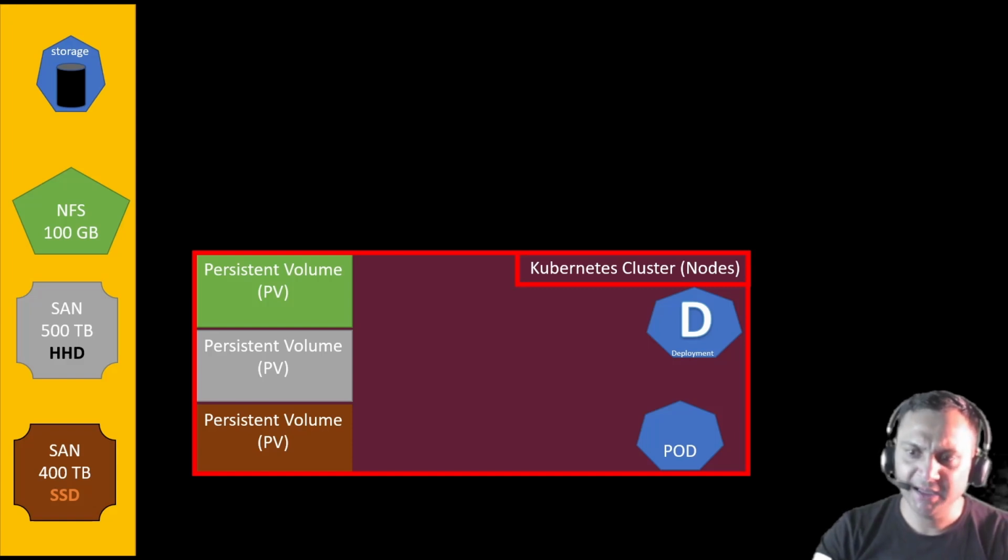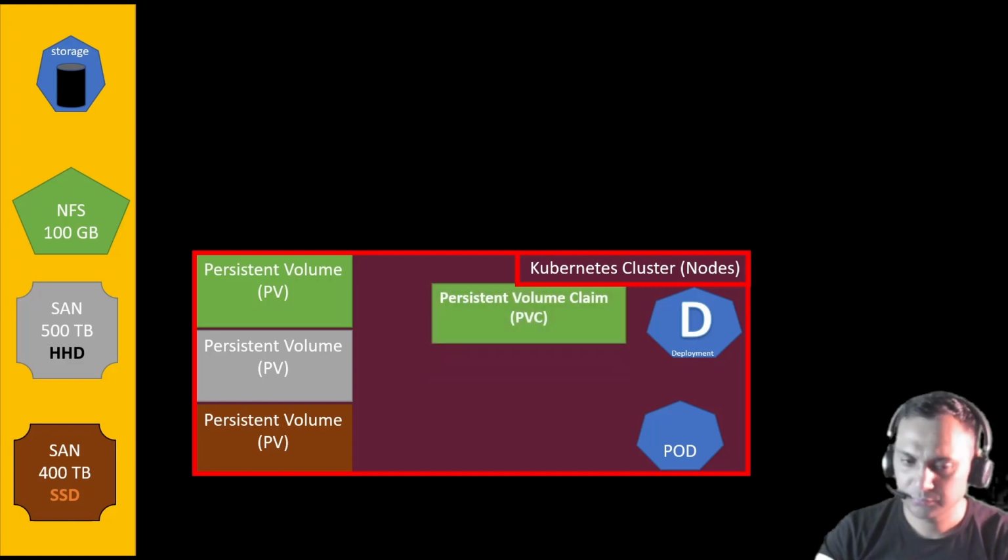Now PVC has the communication between PV and pod. It means that in the PVC YAML file we have to mention which PV I need to connect. So we have to create a persistent volume claim, and this persistent volume claim will be bound with one pod.